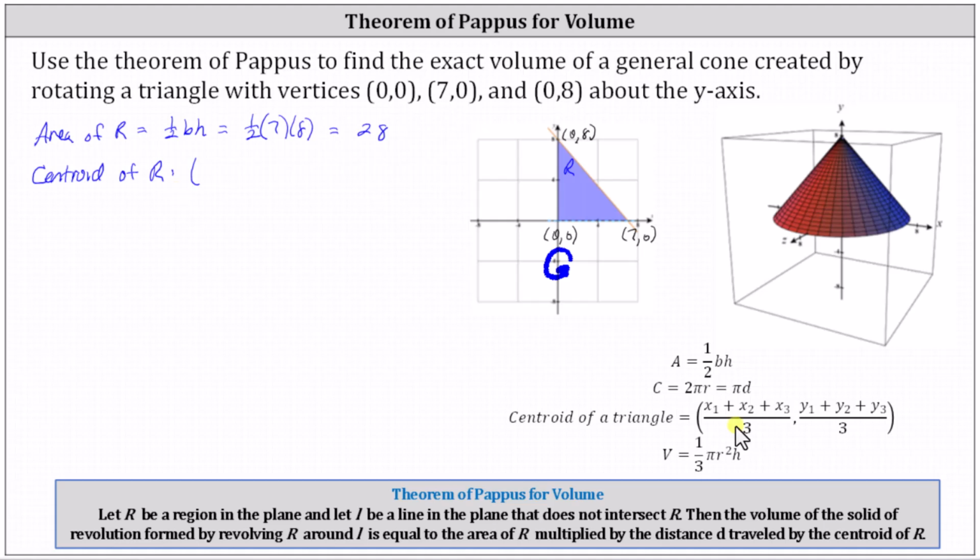The shortcut to determining the centroid of a triangle is to determine the average of the x-coordinates of the vertices, comma, the average of the y-coordinates of the vertices. Which means in our case, the x-coordinate of the centroid is equal to the sum of 0, 7, and 0 divided by 3.